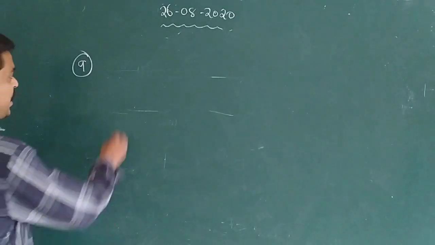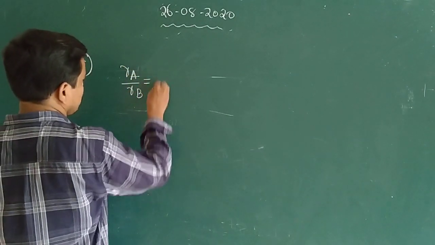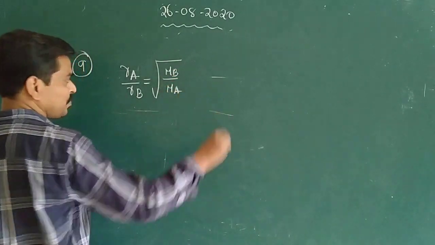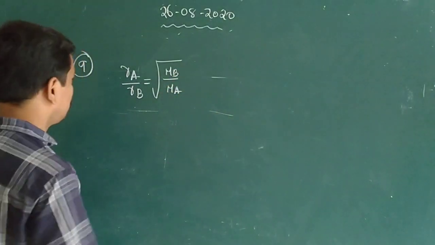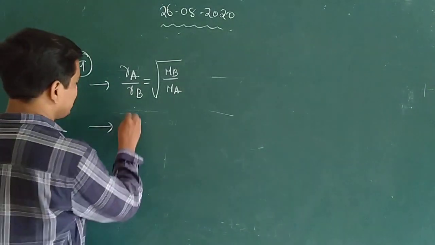Listen students, RA by RB is equal to square root of MB by MA. Now come to my point, students: rate of diffusion is not given, volume and time are given.